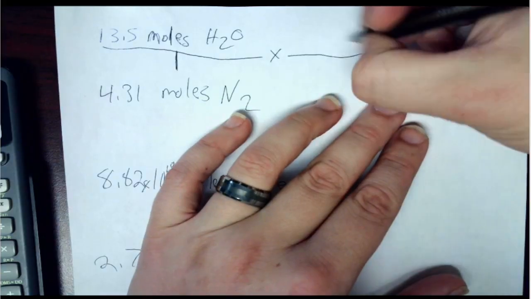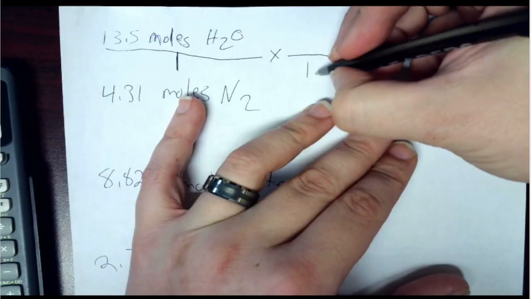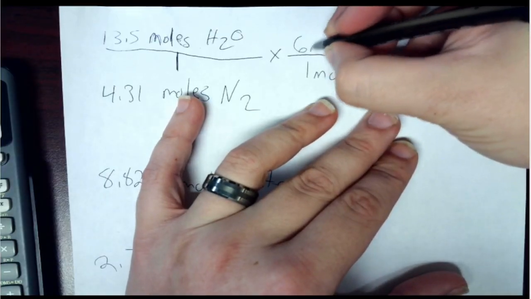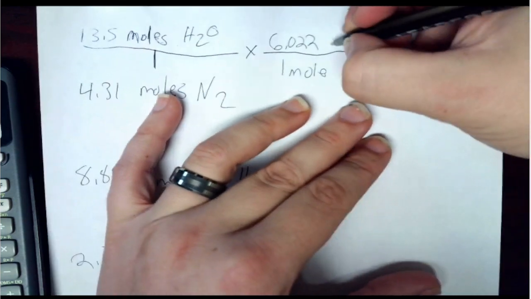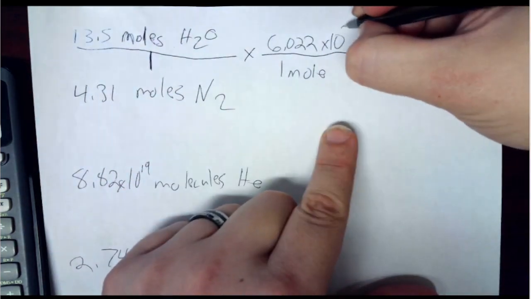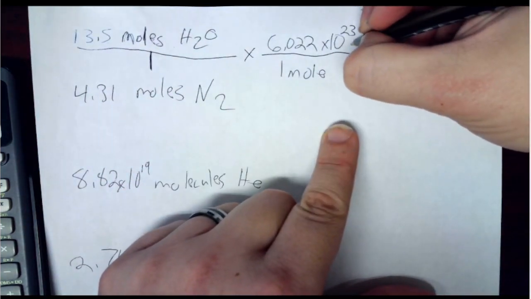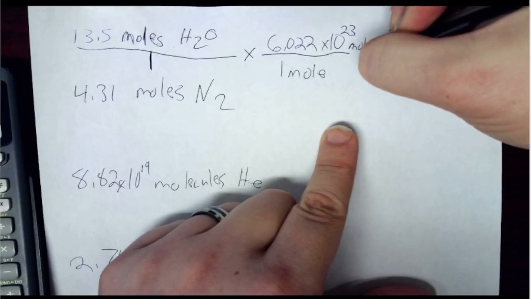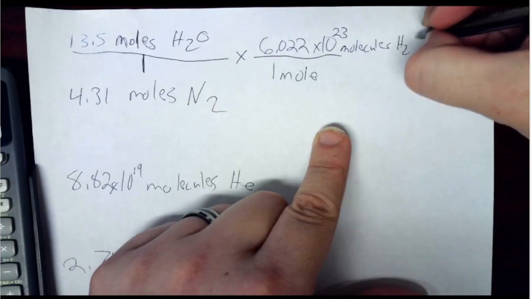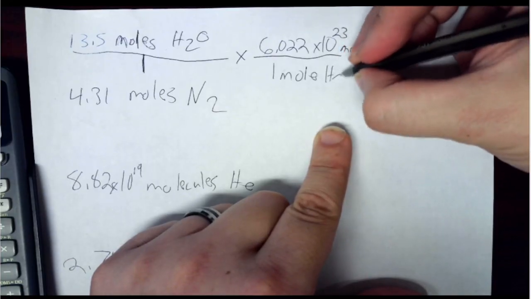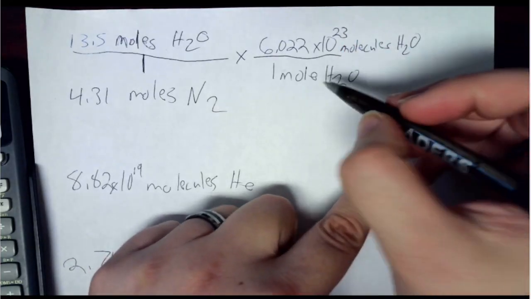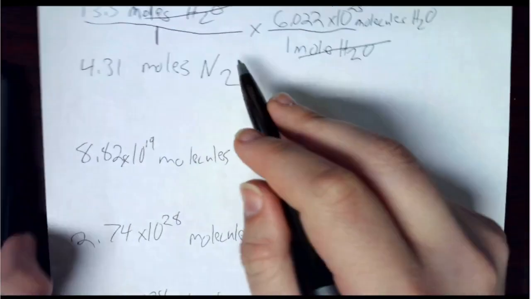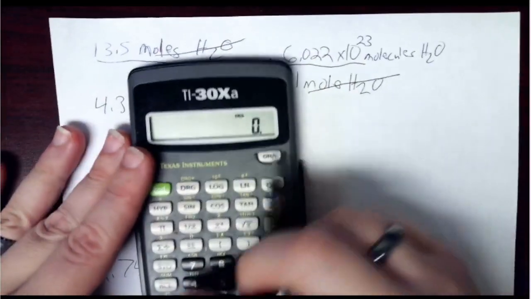So since I have 1 mole, Avogadro's number says 1 mole is equal to 6.022 times 10 to the 23rd molecules or atoms. So molecules of water and 1 mole of water. Setting that up means these cancel, and I just multiply my way across.